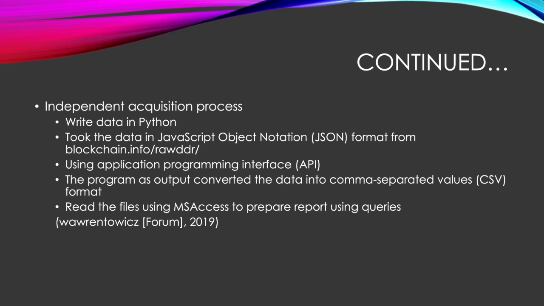They took the data in JavaScript Object Notation, JSON, format from the blockchain, using an application programming interface, API. The program as output converted the data into comma-separated values, CSV format, and he read the files using Microsoft Access to prepare reports using queries.